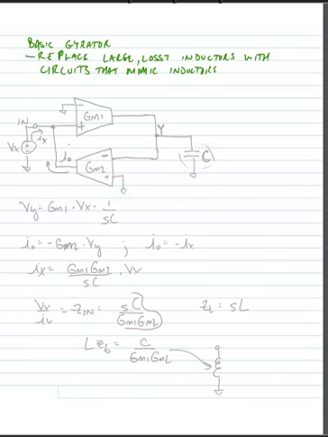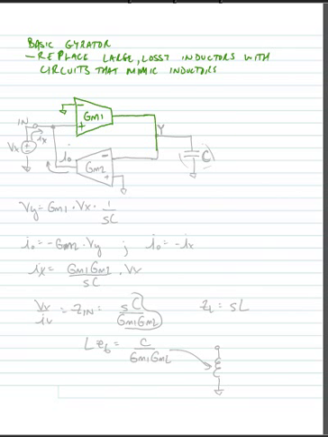So if we look at our basic gyrator circuit, what we're going to do is use a couple of transconductors connected in negative feedback. So for instance, we might have a differential transconductor where we connect the circuit as follows. This transconductor has a transconductance of big GM1. It's a differential to single-ended transconductor.